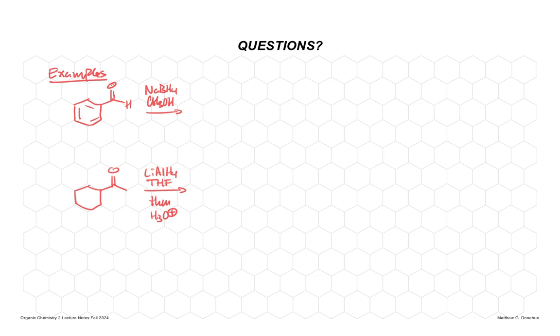So to keep in mind the reagents that we learned, sodium borohydride and lithium aluminum hydride. First thing we want to do is identify the oxidation state of our carbonyl. So here we see it's 2, it's an aldehyde. And I'm going to circle that H. So there's already an H bonded to the carbonyl carbon.